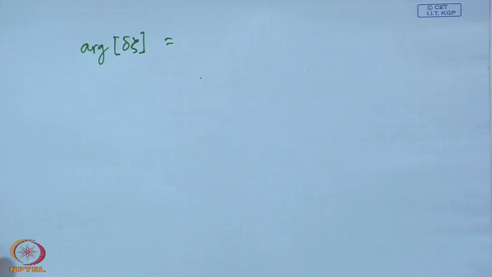How much is it? What will be the argument of d zeta dz into delta z?